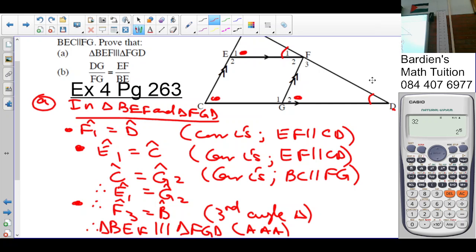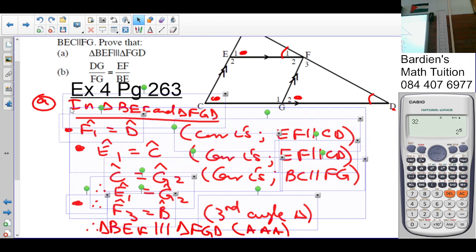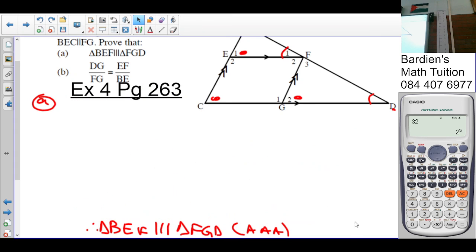You guys understand? Something like this is already worth 4 marks. It comes in every exam from here onwards. Please make sure you understand. I'm going to take this off to keep the diagram in focus.